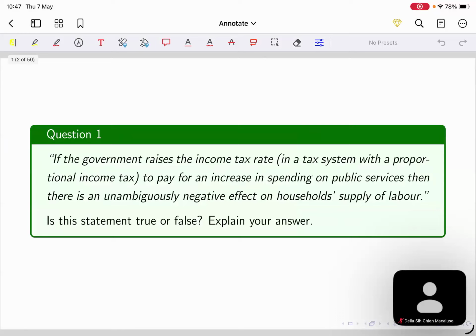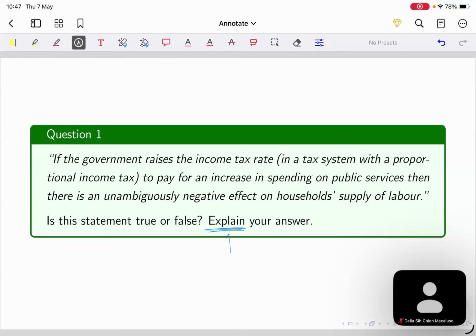It's a true or false question. As it typically is, you have a statement that you need to comment on whether it's true or false. You could even say uncertain. And importantly, as it always is with this kind of question, you need to explain your answer.